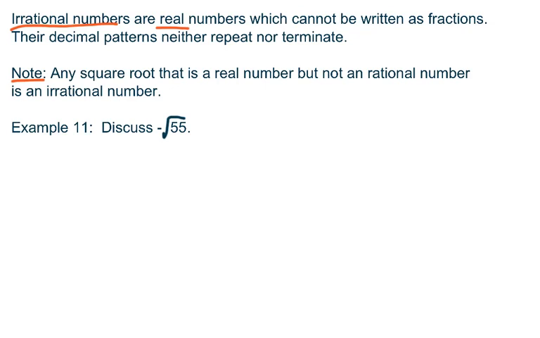Take a look at this. If you think for a minute, can you find a number which when you square it you get 55? And you sit and think for a minute and you realize, no, I can't. Because that's not going to be a rational number, you know right away that this will be an irrational number.